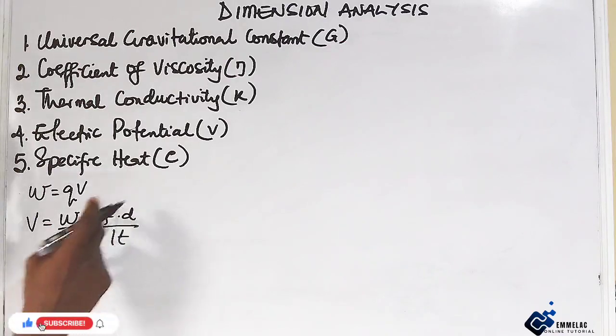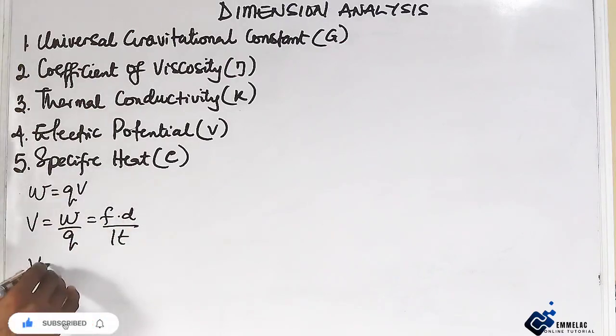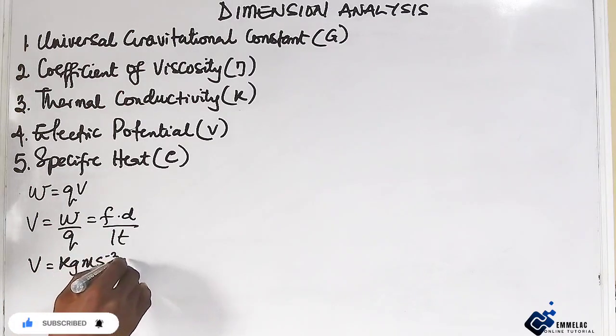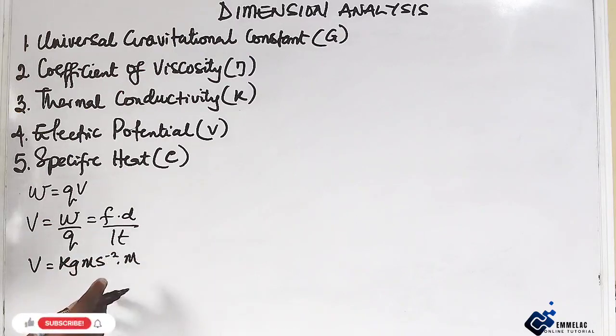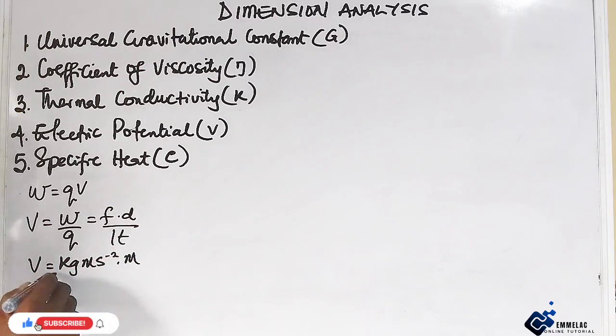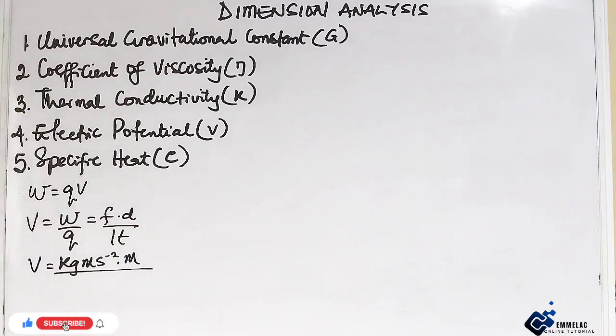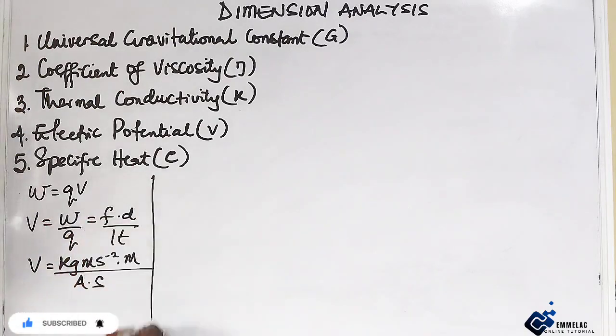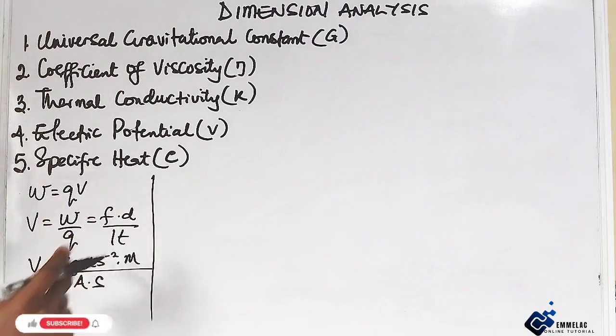Okay, now putting this to their unit, so here we have the force, that will be kilogram meter per second square, then times the distance, which is in meter, then all over current, which is in ampere, then time, which is in second. Okay, now dimensionally let us replace all these units.